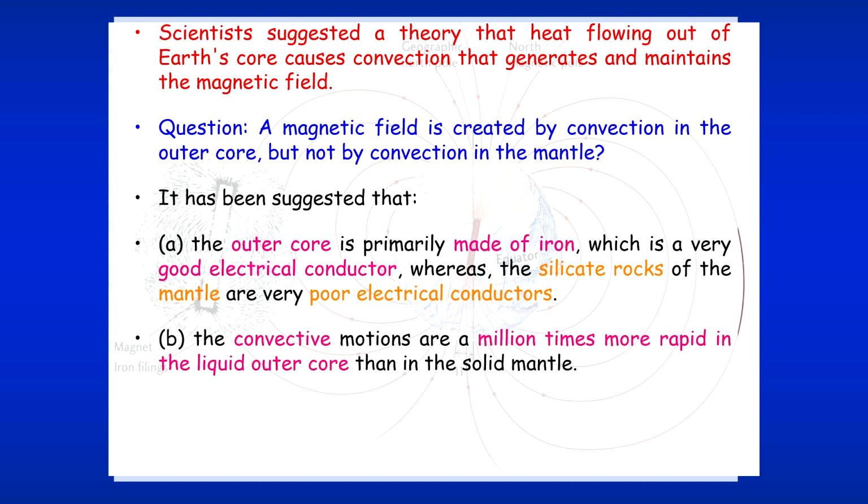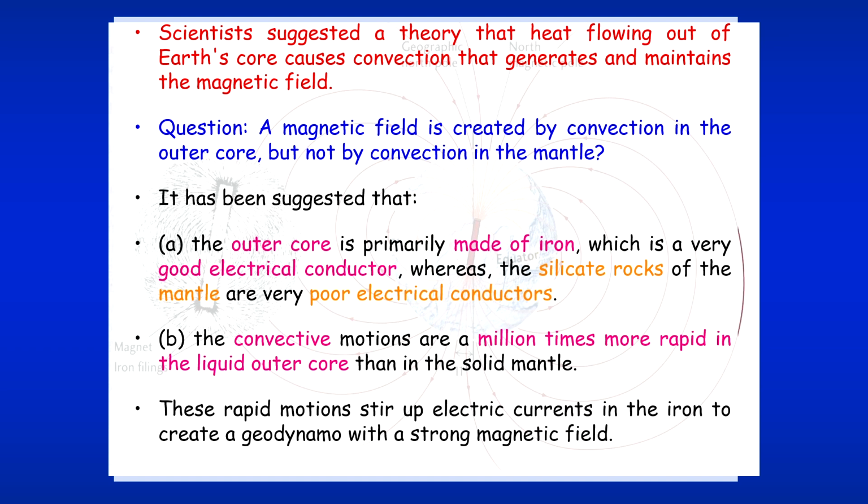So the convection motions are a million times more rapid in the liquid outer core than in the solid mantle. Of course, the asthenosphere is partially molten, but it is considered not completely liquid. So this was one of the answers: the material also plays an important role in generating the magnetic field.